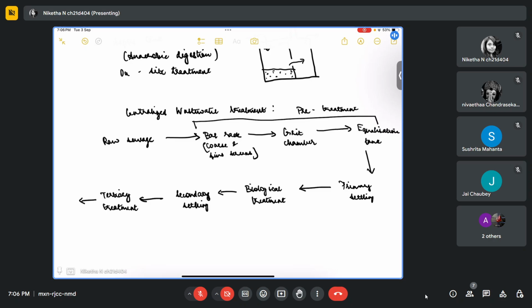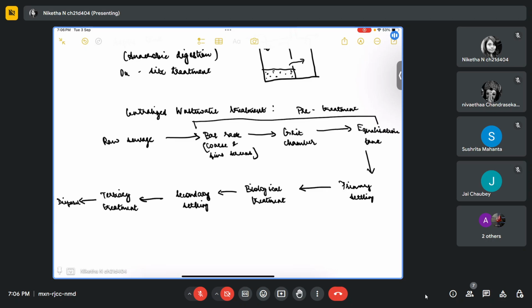and then whatever treated water is coming out will be routed to some rivers, or it will be sent to some lakes. Based on whatever resources are available, the treated wastewater will be disposed accordingly.